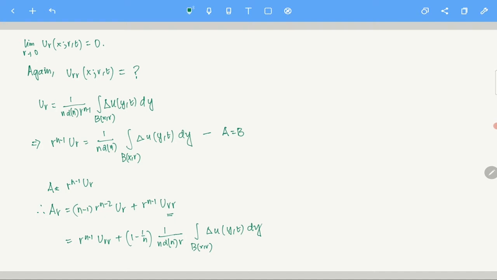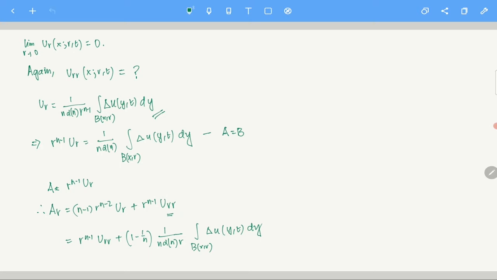I am not doing anything but writing what u_r is. Where is it u_r? u_r is this, right? Because r to the power n minus 1 is already there, that is getting converted here, and r to the power n minus 2 times this one, so that is why 1 by r. Clear? Now we have this thing, right?